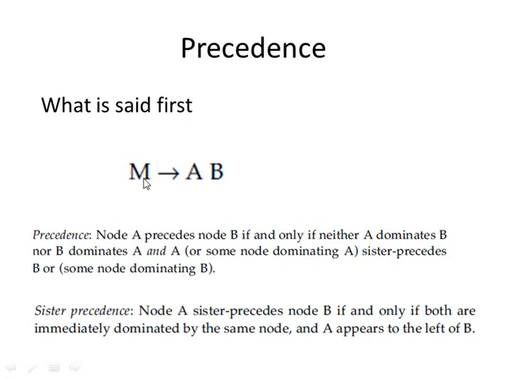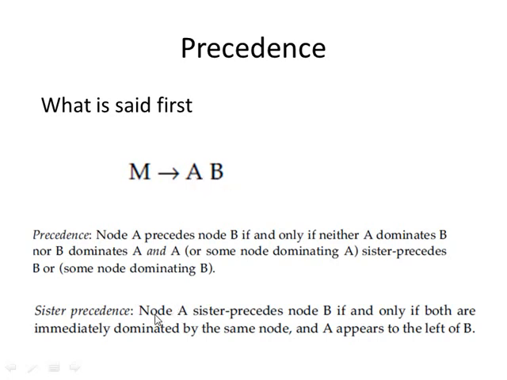Like this rule, M consists of A and B. So here, A precedes B. Node A precedes node B if and only if neither A dominates B nor B dominates A, and A or some node dominating A sister precedes B or some node dominating B. Jadi di sini kita sebut A precedes B jika A dan B itu tidak saling mendominasi atau mereka sejajar, sisters.